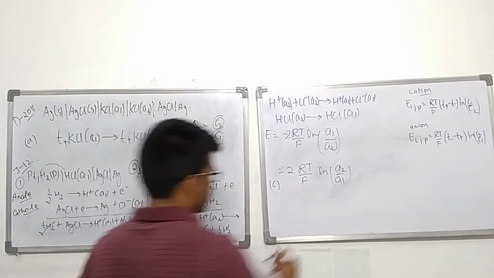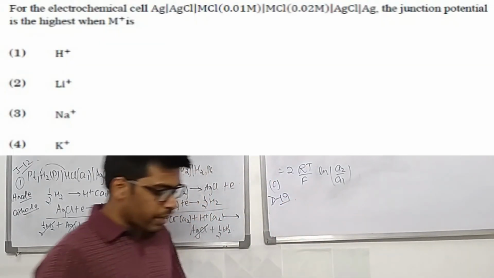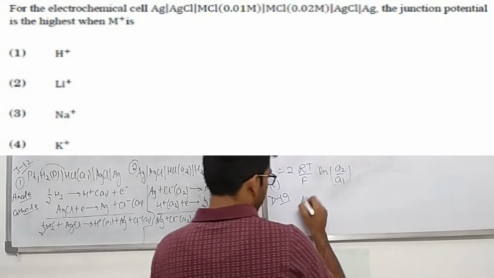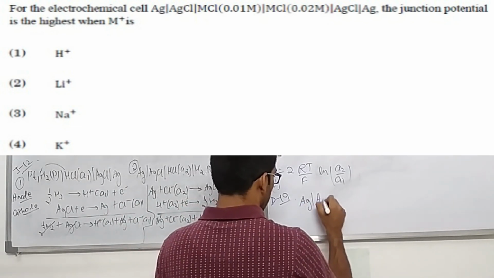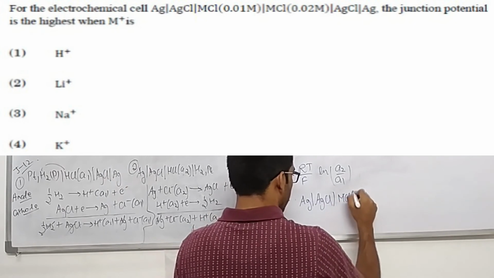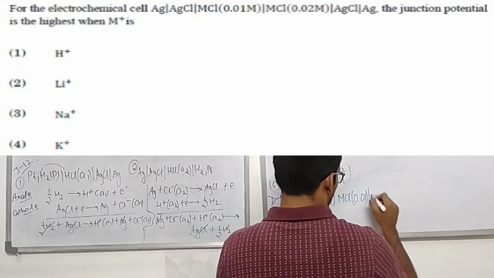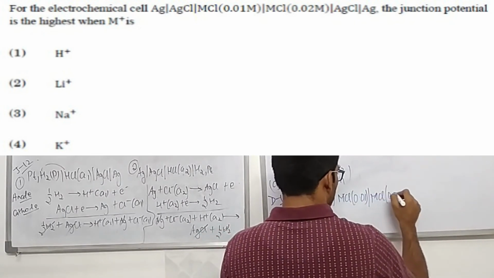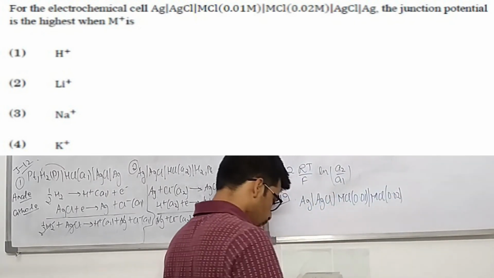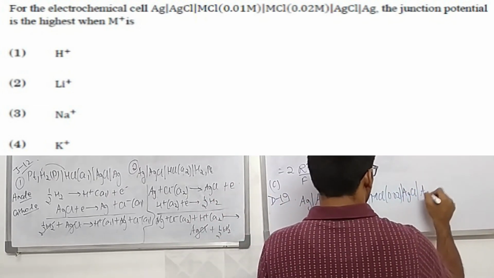Now this question says that for the electrochemical cell, the cell is given as Ag, AgCl, MCl with concentration 0.01, and MCl with concentration 0.02, and then AgCl and Ag.